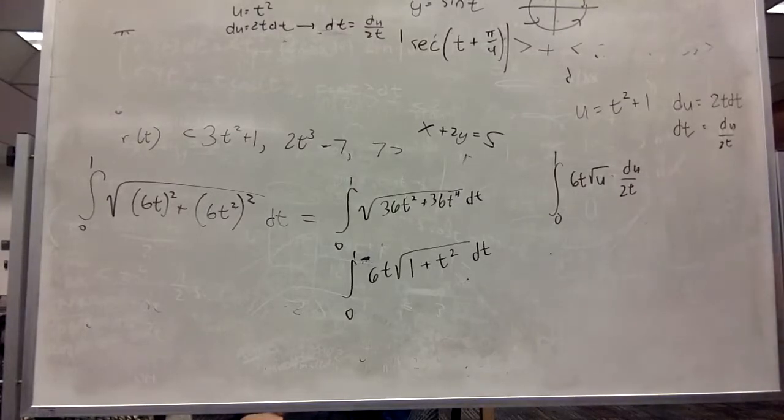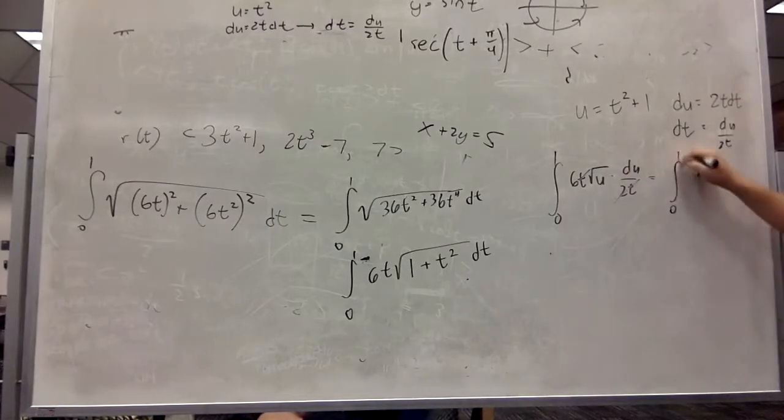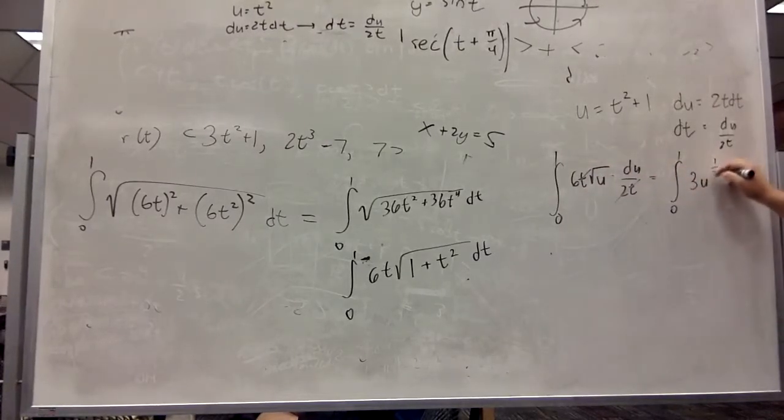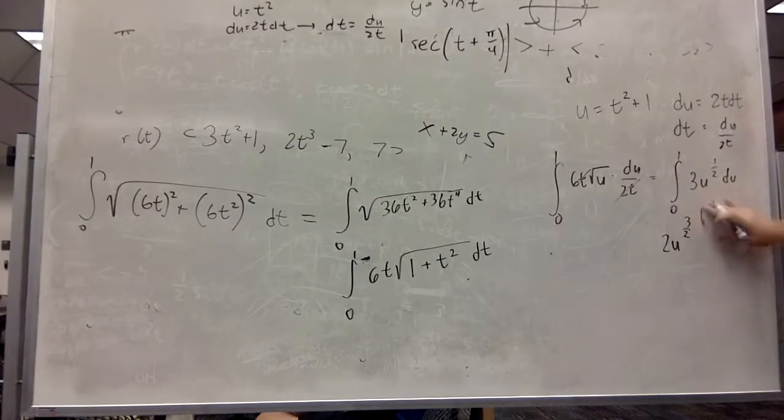Replace the t squared plus 1 by u, replace the dt by du over 2t. If you cancel the 2t and the 6t, you're left with just the integral of 3u to the 1/2, because it will make it easier to apply the reverse power rule. When I integrate, I get 2u to the 3/2. Make sure you back sub.